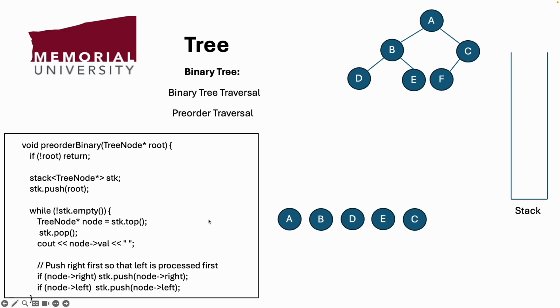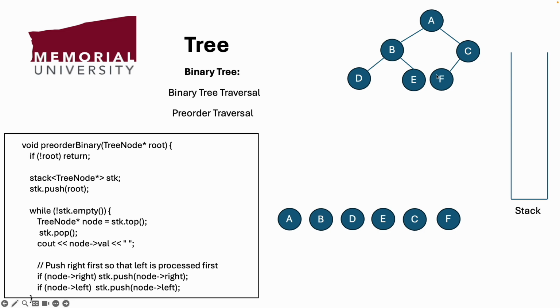For C, they don't have the right child, but they have the left child, F. So F is going to be pushed into the stack. And then the while loop will still continue because it's not empty, right? So the node will be assigned to node F, and F will be popped up and displayed here.